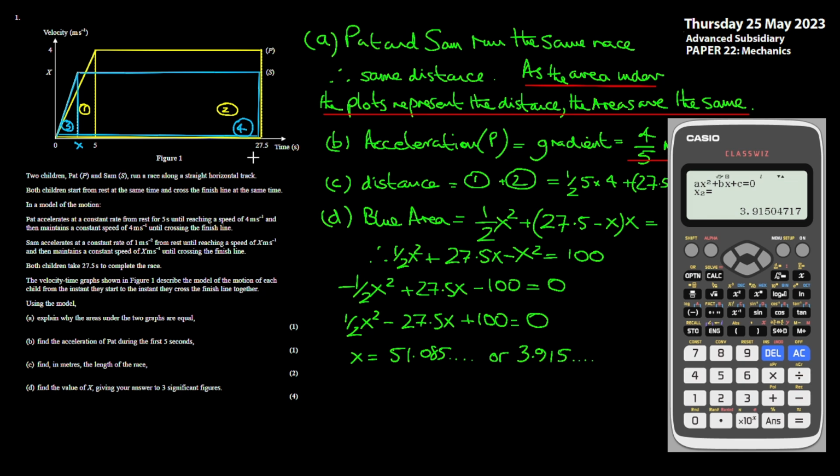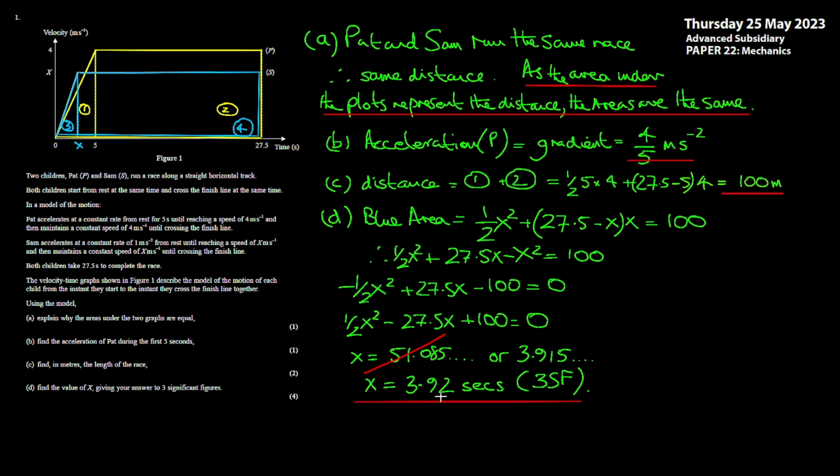Now, clearly x is less than 27.5, so we can reject this solution. So this answer is in range as it's less than 27.5 and lower than 5. So rounding the answer on our calculator up to 3.92. I've got x is equal to 3.92 seconds, and that is correct to 3 significant figures as requested.